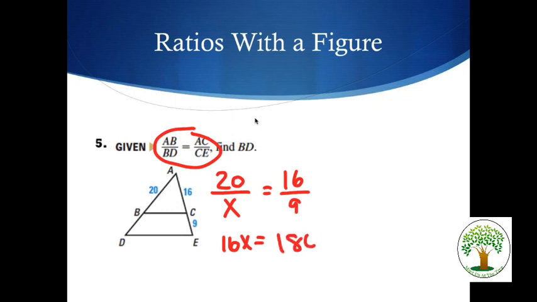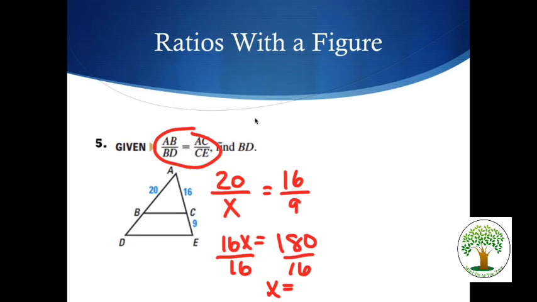180. Good job. Divided by 16. I think it goes in evenly. It does not. Fraction or decimal as an answer? Fraction. What'd you guys get? 45 over 4. Is that what you got? I'll put it in a fraction.